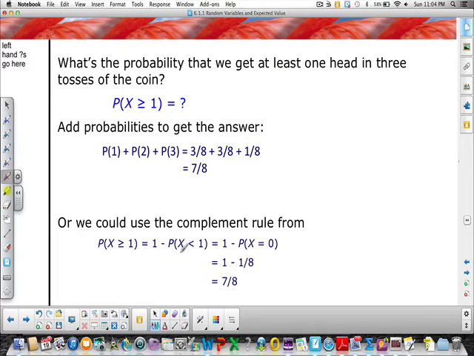But if x is strictly less than 1, the only value it could be would be 0. So that's 1 minus the probability of x equaling 0. So that's 1 minus 1/8, and just like before, we still get 7/8.